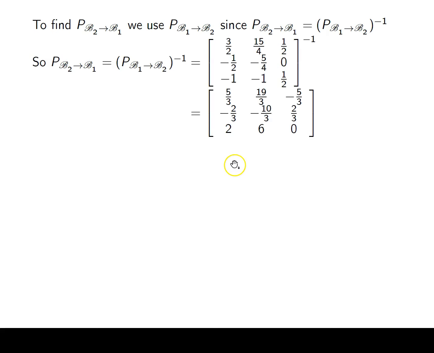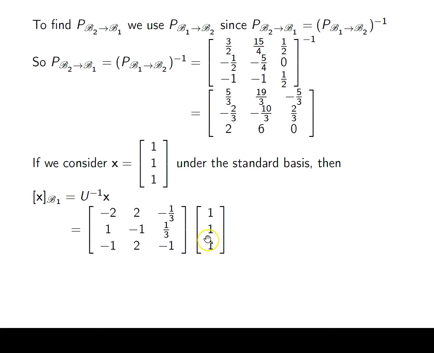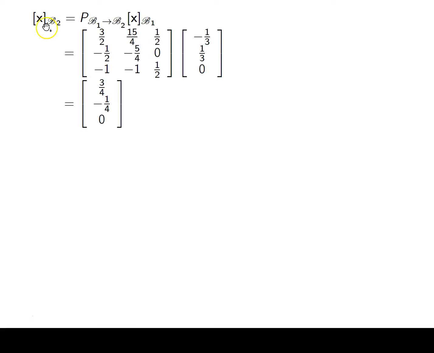Your two transition matrices, and then taking your standard basis and representing them in one form, in this case B1, and then bringing it into B2. That's really what this section consists of. That is the problem you're going to be doing over and over again, right?